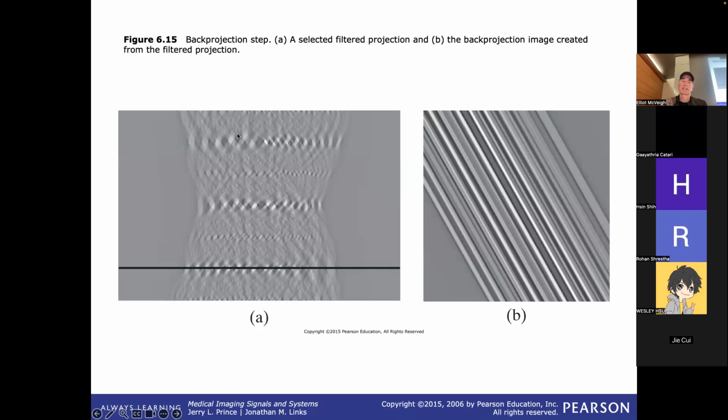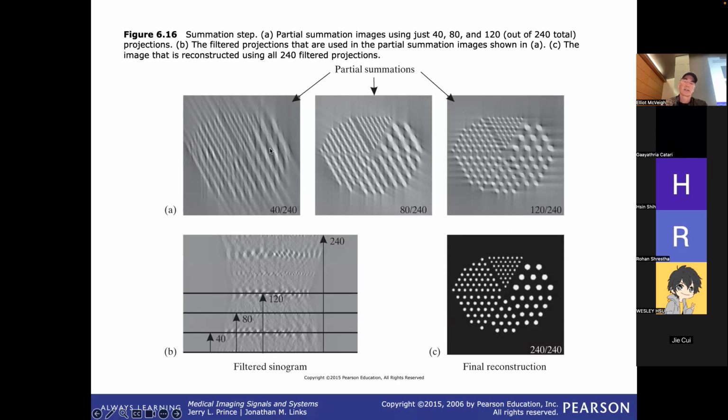We back project these G star L thetas to get this. Remember in the first one, it was 0 back here. Here it's got positive and negative on the signal. And here's with 40 projections, 80 projections, 120, and then 240, we get back the object, basically.